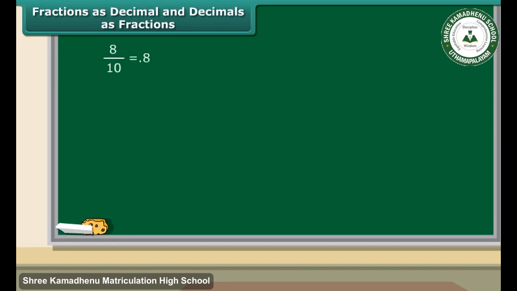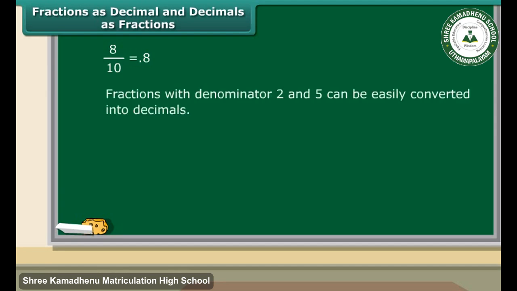We know that a fraction with denominator 10 can be represented using decimals. Now let us learn to convert fractions with denominator 2 or 5 into decimals. Take the example of 12 upon 5. First, convert the denominator of the fraction into 10 in order to know how many tenths are involved.